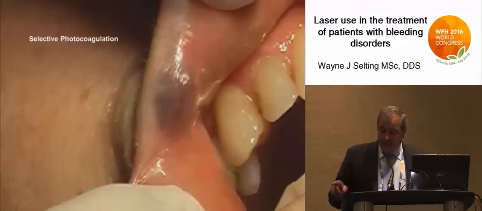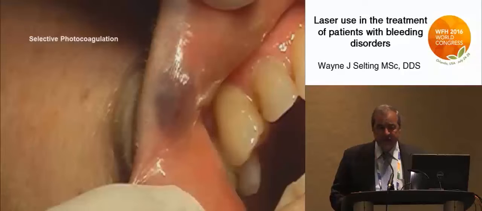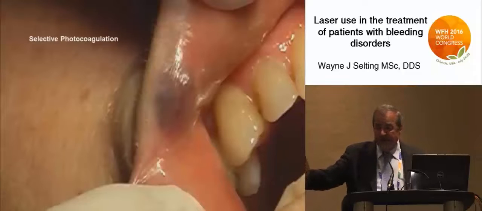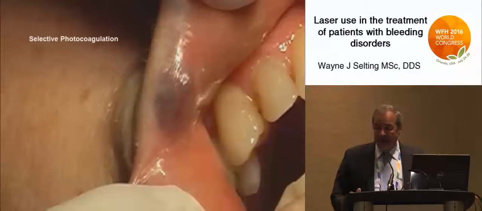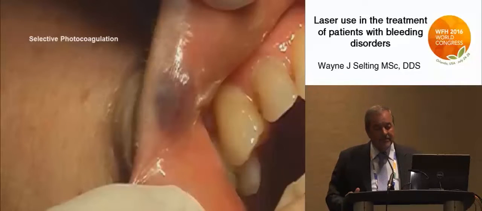With a hemangioma like this, this is a lose-lose situation. If you say, I'm not going to do anything because of this bleeding disorder, and that patient bites down on that, which is how he got it in the first place, it's going to happen. It's a matter of when. If he bites down on that and ruptures that, he is in big trouble.